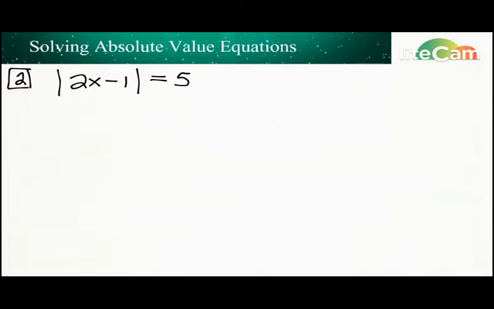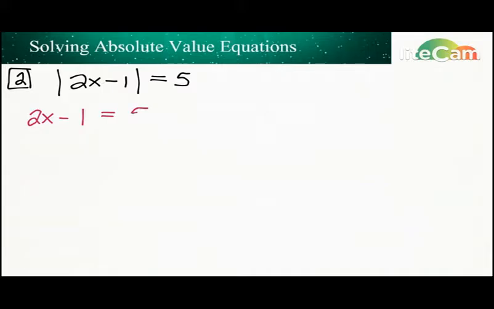Okay, so what we're going to do is exactly what I just said. For number 2, we're going to take this equation and make two different ones. Now inside of the absolute value sign, I know that 2x minus 1 has to be positive, and I know it has to be a 5.